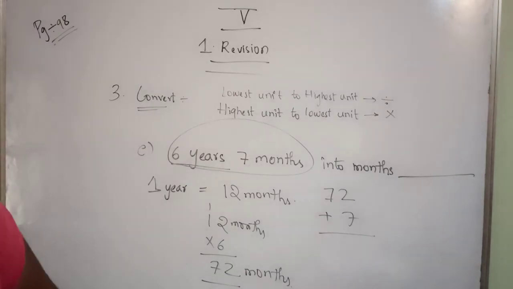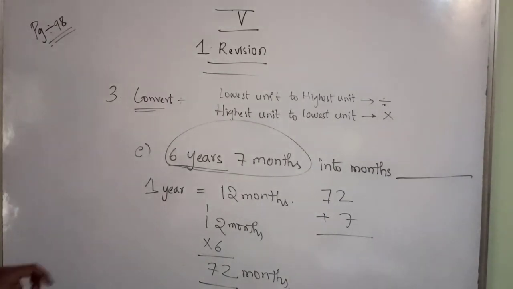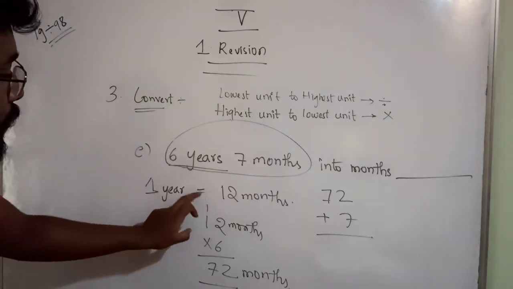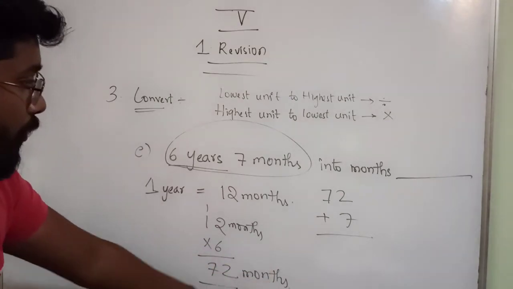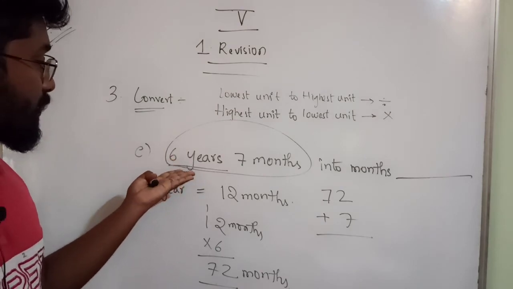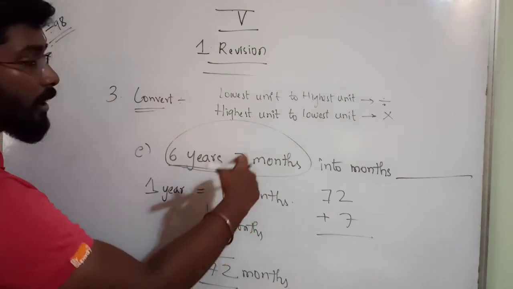You have to not convert 6 years only, we are having 7 months. This total term you have to convert into months.